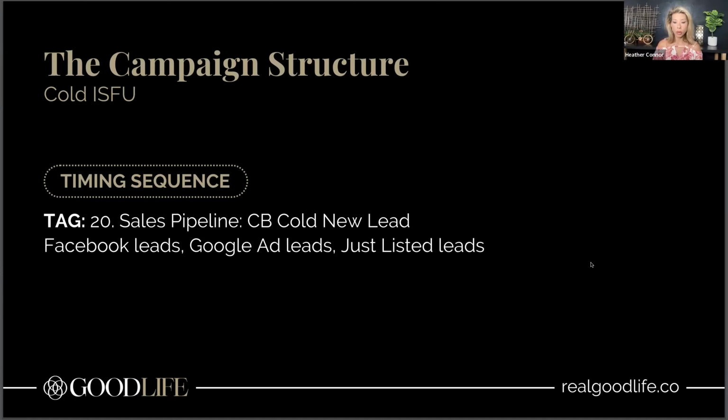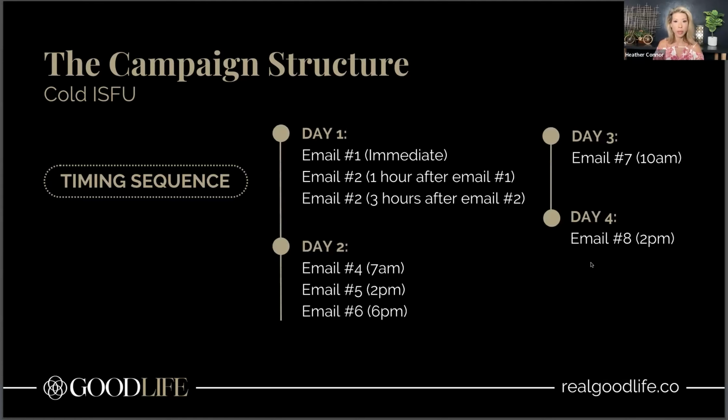But what's really important, the 3 words that I believe should be in your tag, is new lead. So that's pretty straightforward. And then cold. So this is a new lead for cold new leads. Pretty straightforward. Again, these cover Facebook leads, Google ad leads, and just listed leads.